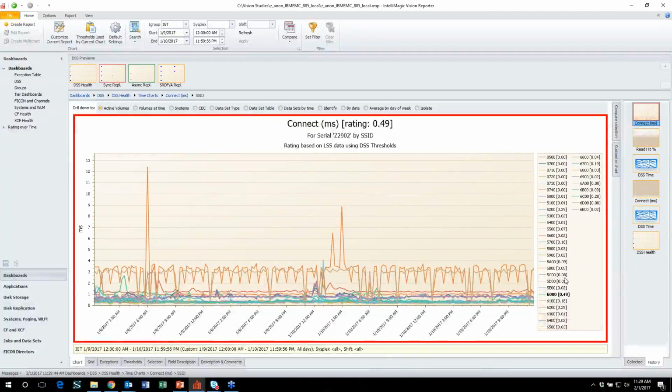And indeed, I'm able to see that one SSID has been flagged as the culprit for this high connect time. And indeed, that SSID is rated worse because it's got some pretty high connect times and is in that red zone. So we're very quickly able to narrow things down and determine precisely where the problem is coming from.